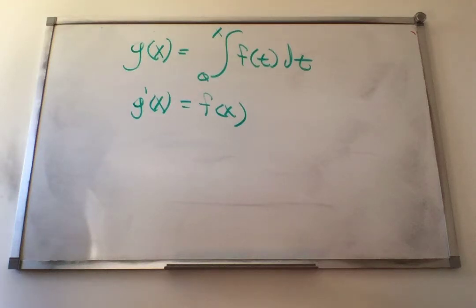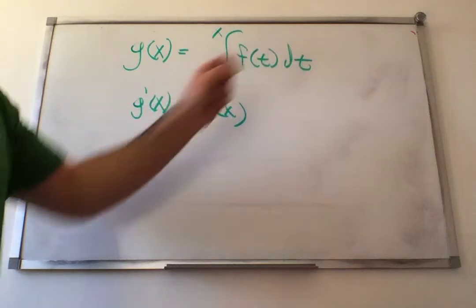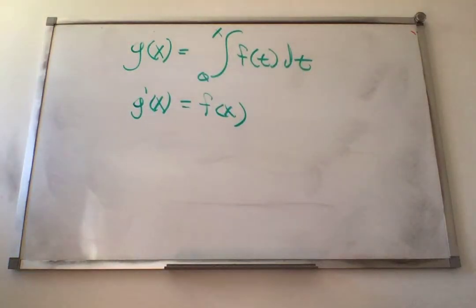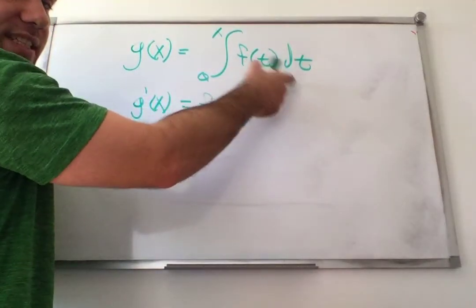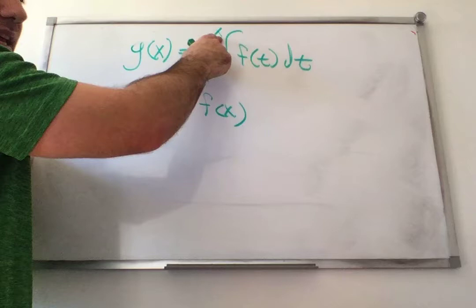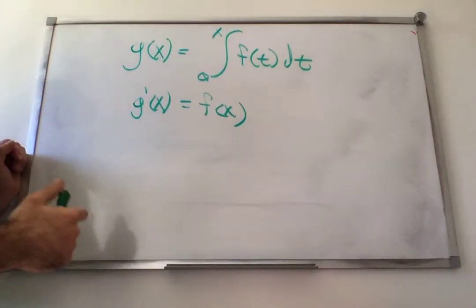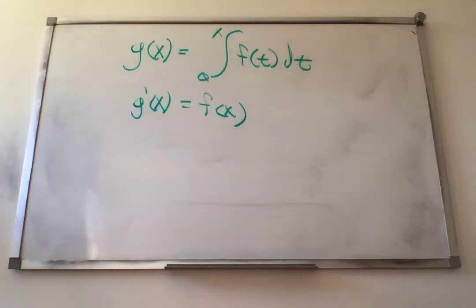Now, when you integrate this, you see there are t's here. Those are dummy variables for right now. When you integrate it, this is going to be a function of t. You're going to take the integral, and then the upper limit is x right here. So you're going to end up with a function of x.